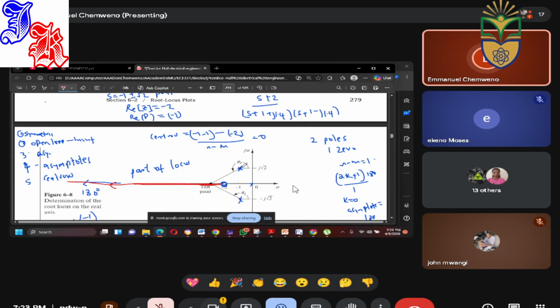So this pole will take off at an angle, and we'll have a breaking point. We need to have a breaking point here. So one will terminate at a zero, and the other will terminate at infinity. So this will take off through some angle and then come join. This will also take off and come join.